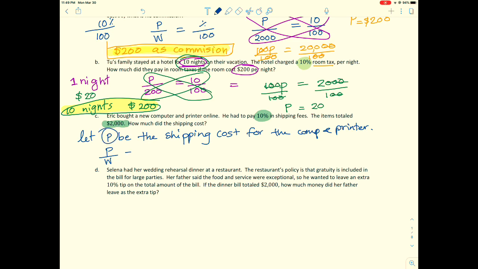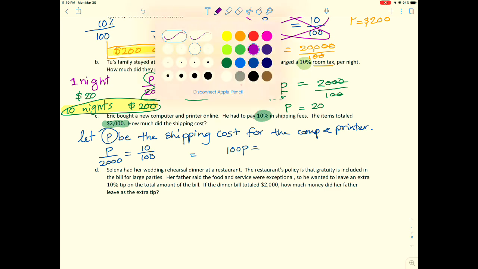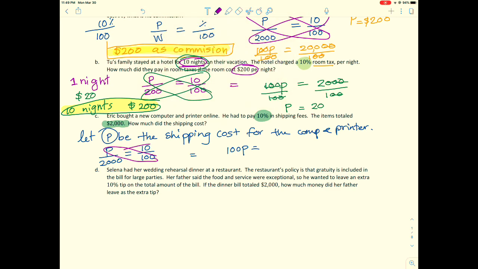It is equal to 10%, and the whole is $2,000. So 100P is equal to 10 times 2,000, divided by 100 on both sides.